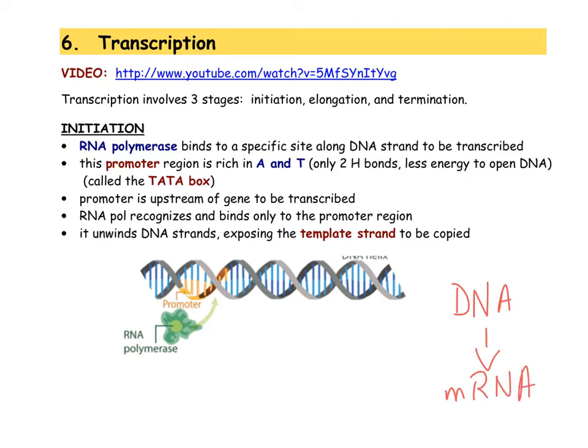And the reason for that is that our DNA is bound to the nucleus of our cell, but our little ribosomes, where the protein synthesis actually happens, are outside in the cytoplasm. So by DNA being converted into mRNA, it provides a way for DNA's code to be able to get to that ribosome.